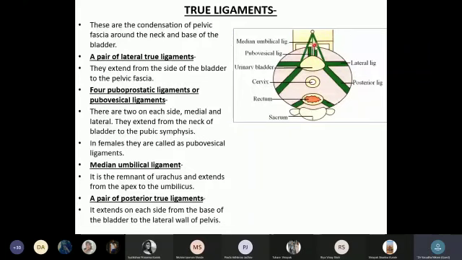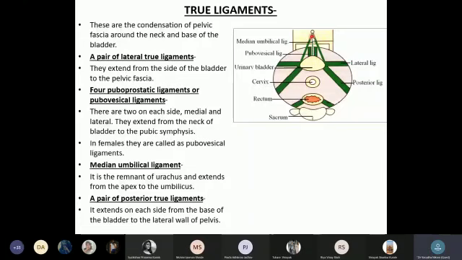Now, coming from the apex of the urinary bladder going up to the umbilicus, this ligament is called the median umbilical ligament. It runs from the apex to the umbilicus and is considered the embryological remnant of the urachus. So we have seen the true ligaments, pubovesical or puboprostatic ligaments.